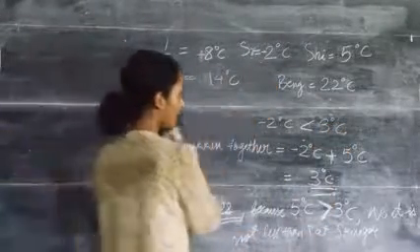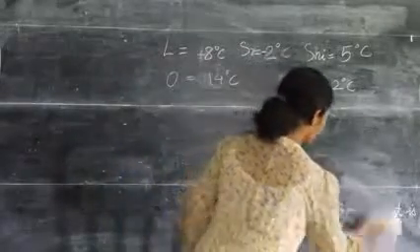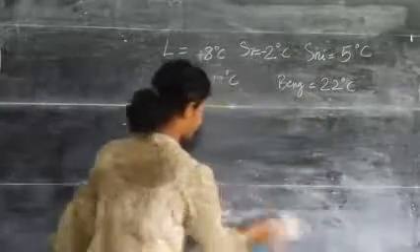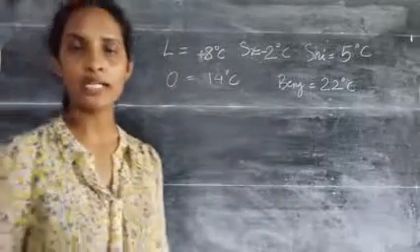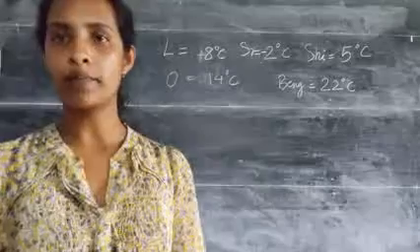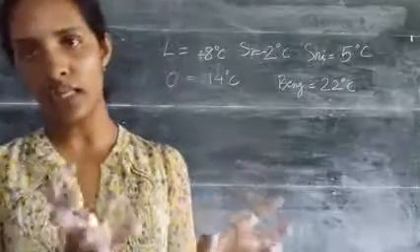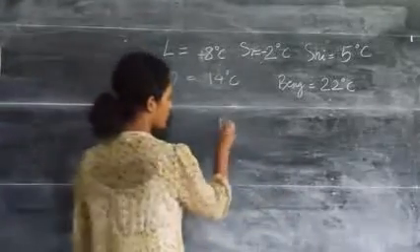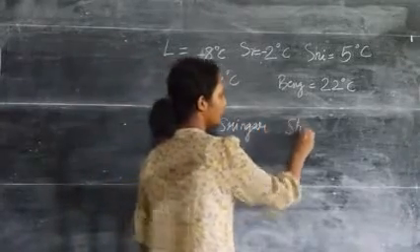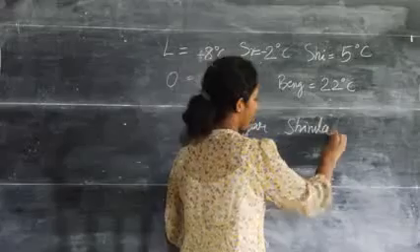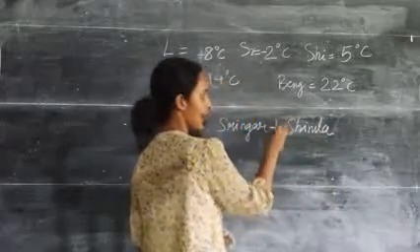So the part D, let me explain it once more. Part D of the question first asked us, what is the temperature of Srinagar and Shimla taken together? So we're going to find the temperature of Srinagar and Shimla taken together. Together means added, right?